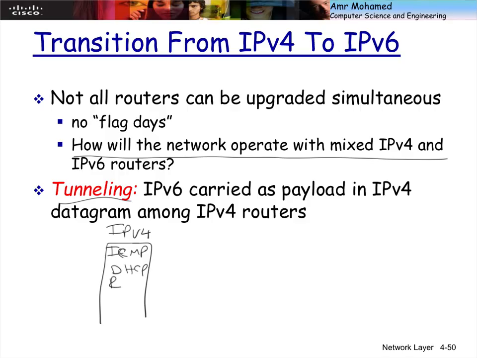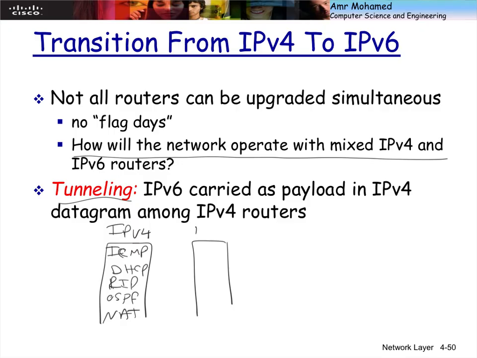Of course RIP is a dynamic routing protocol. We'll talk about it as part of this chapter. OSPF, NAT. All of these are protocols that work hand in hand with IP version 4. And we have another stack in the same device.